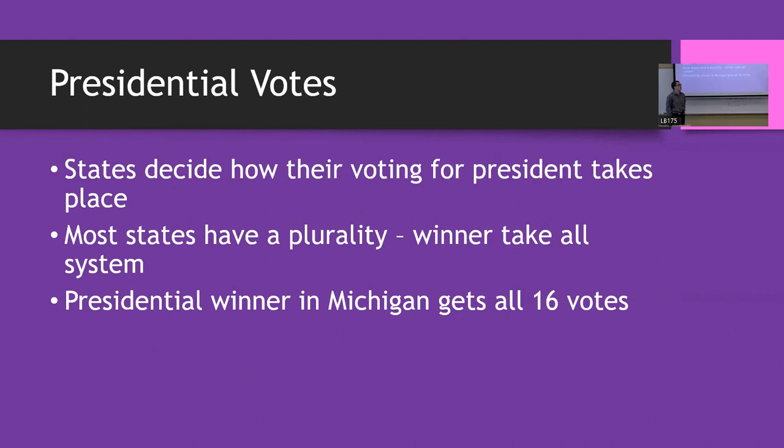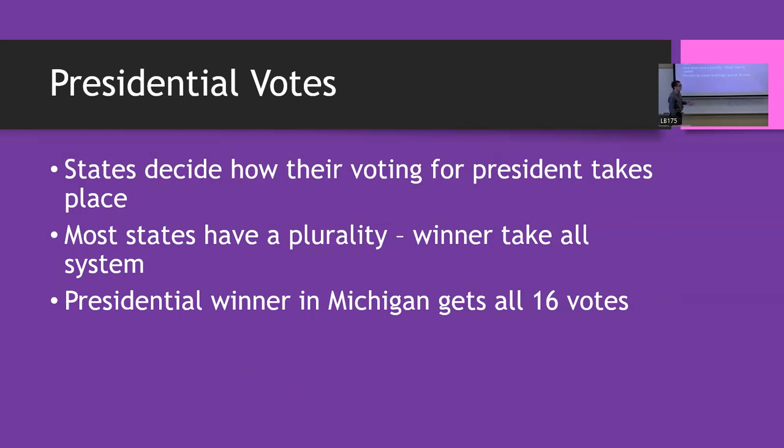And in the vast majority of states, it's winner take all. So for Michigan, in the 2016 election, Donald Trump won Michigan. Back then Michigan had 16 votes, and Donald Trump took 16 electoral votes for Michigan.